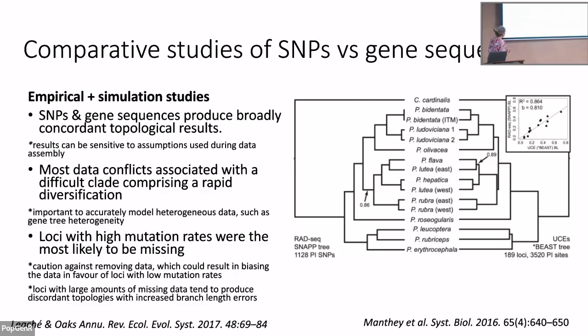So here's just an example of a phylogeny using RAD-seq reduced representation data versus ultra-conserved elements nucleotide sequence data. And broadly, you get concordant topological results. So the data's converging on the same tree. However, what they are finding are differences in these branch lengths.